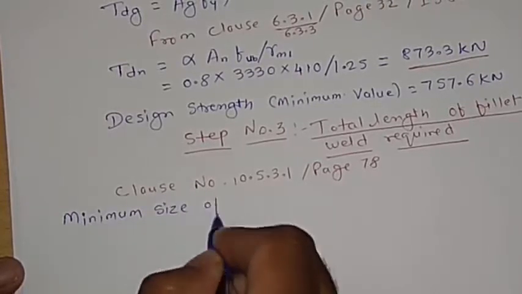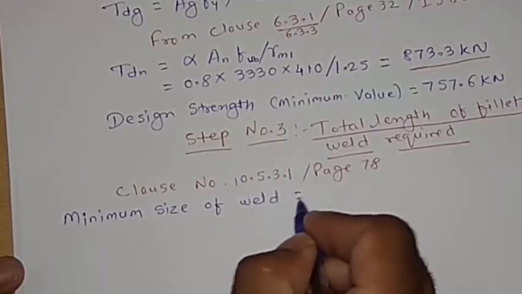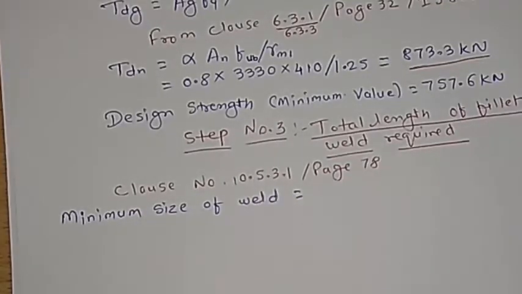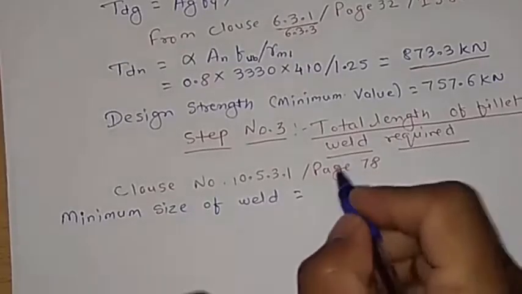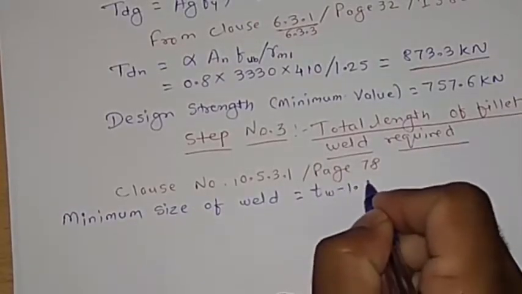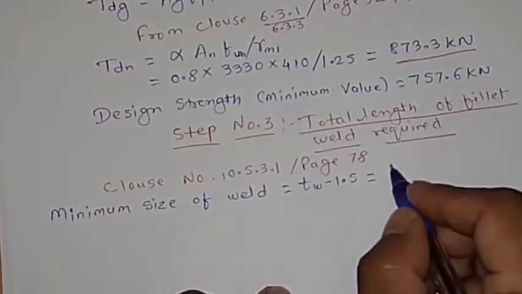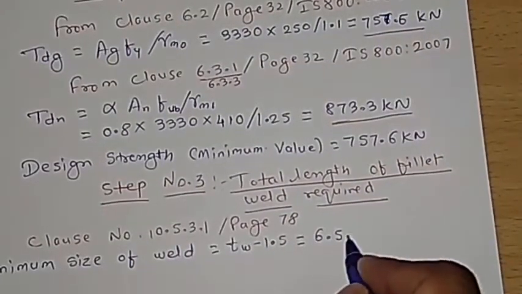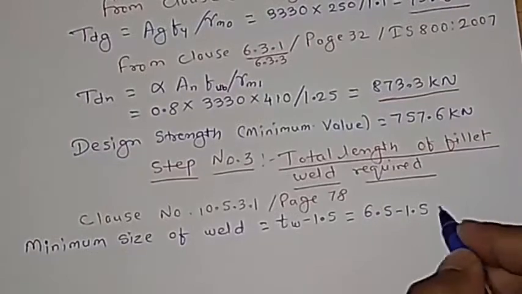So the minimum size of weld is to be considered as thickness of the web minus 1.5, that is TW minus 1.5, and this is the thickness of the web. We already got it in step number 1, that is 6.5 mm. So 6.5 minus 1.5 mm, so you are getting 5 mm.